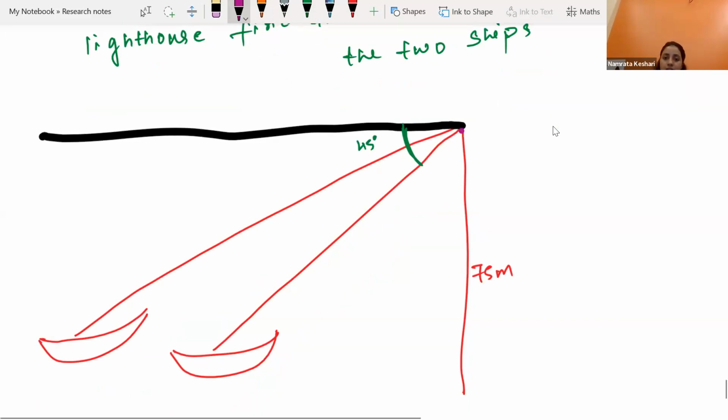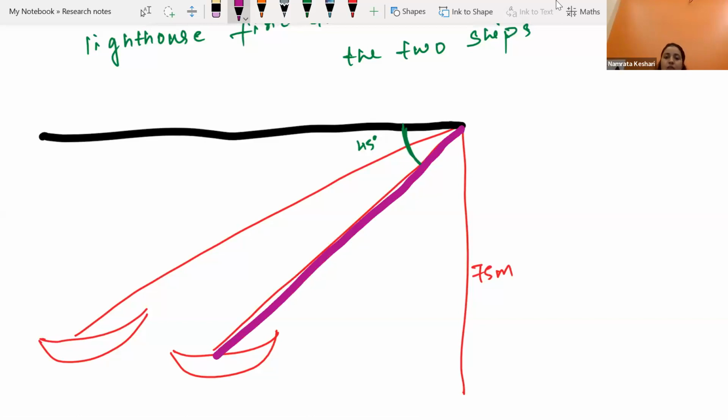This purple color line with the horizontal is 45°, making an angle of depression of 45°.